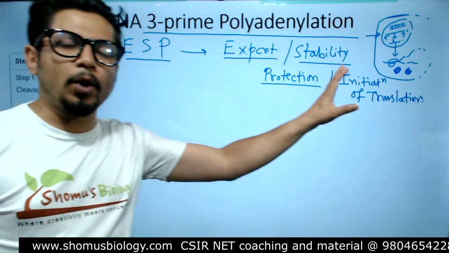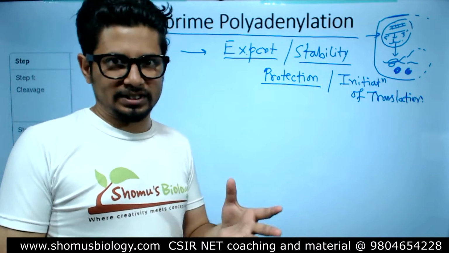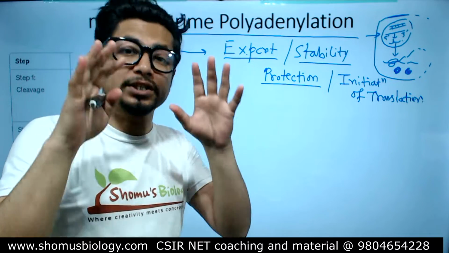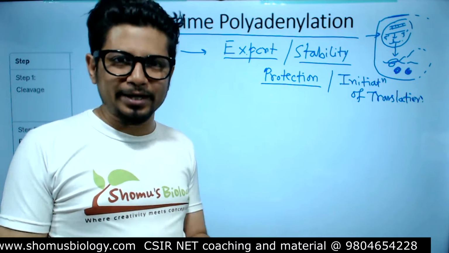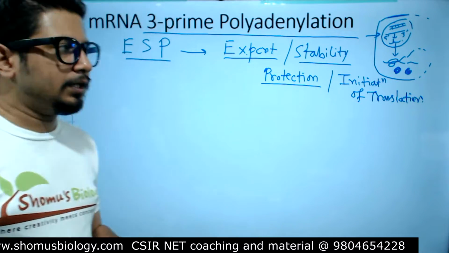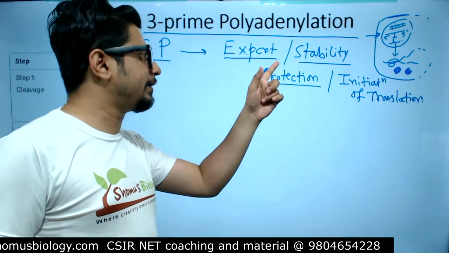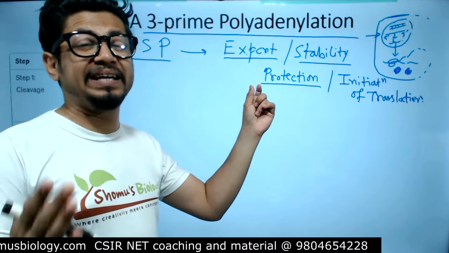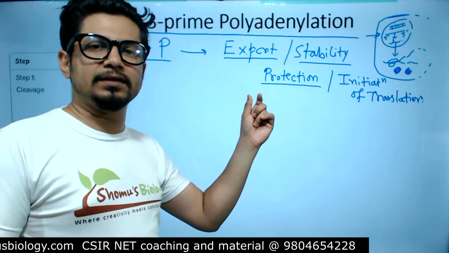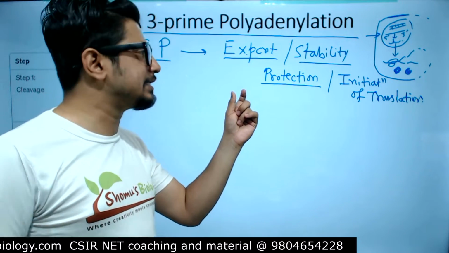These are the four important functions that 3' polyadenylation plays in the eukaryotic cell. 3' polyadenylation provides stability to the mRNA, and protects the mRNA from being degraded by exonuclease enzymes.